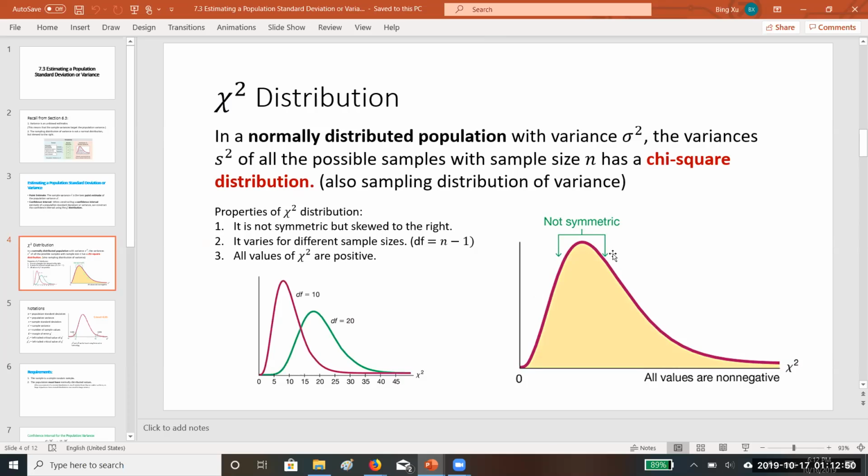So you can tell it's not a symmetric distribution. It's skewed to the right, and you use degrees of freedom. So this curve depends on n. You can tell this is the curve when n is 11. This is when n is 21. All the values are positive. So that's something we need to know about the chi-square distribution.